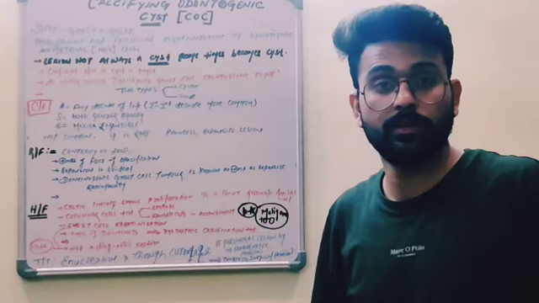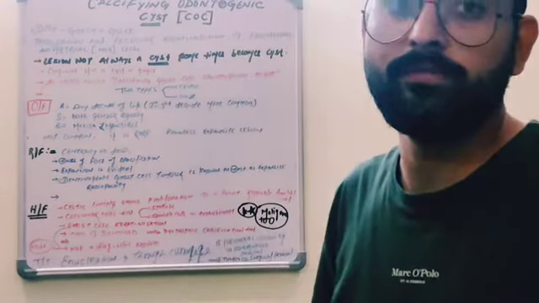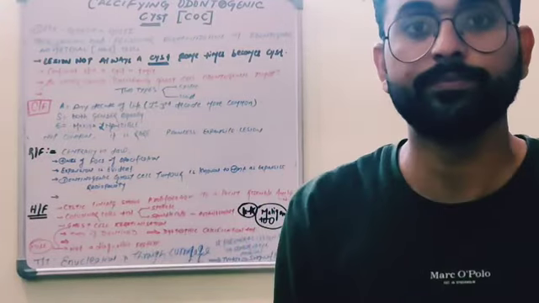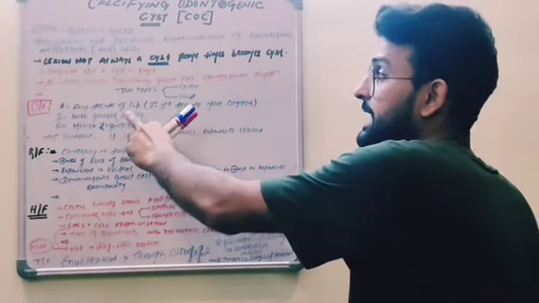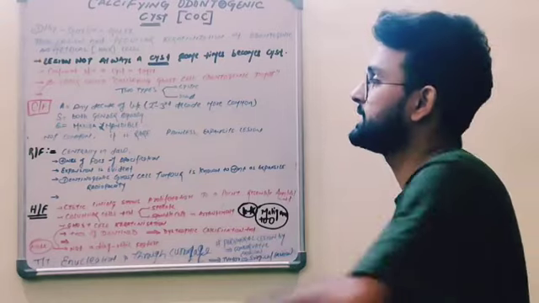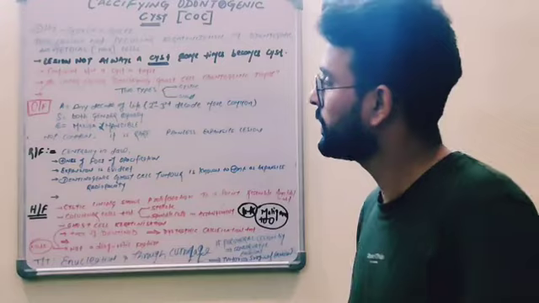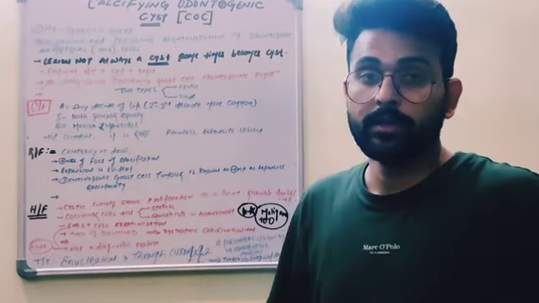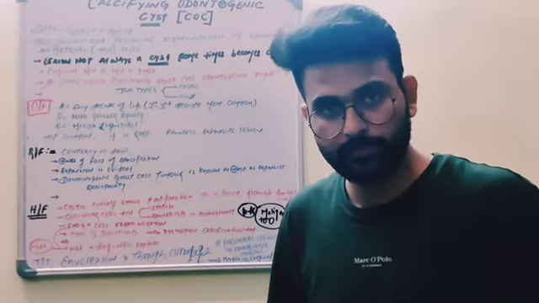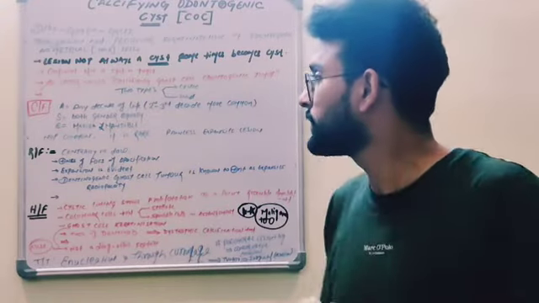Clinical features. In the case of clinical features, we always follow one major thing, that is age, sex and site. In the case of age, it can occur in any decade of life, but it is more common in the second and third decade. Sex: it can be present in both genders equally, meaning the male to female ratio is 1:1.